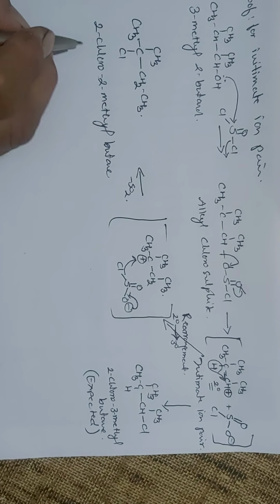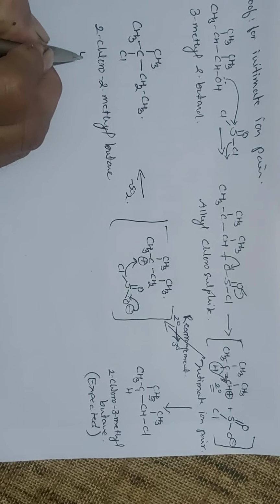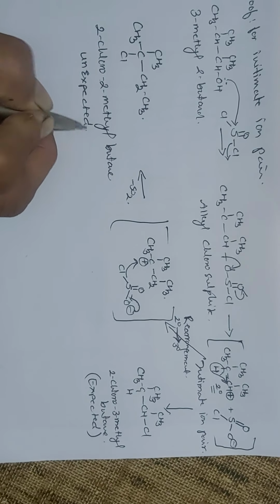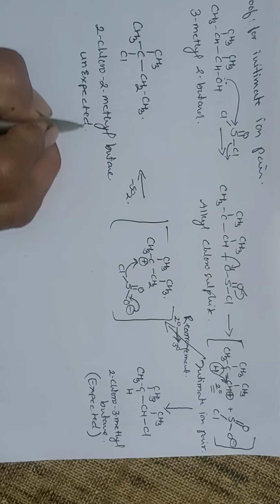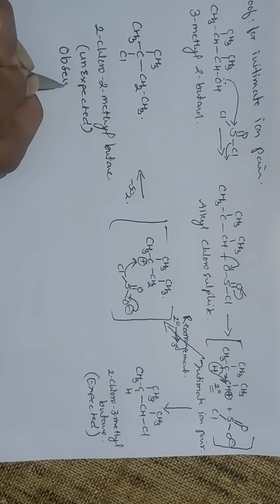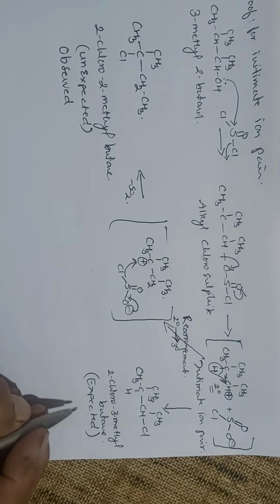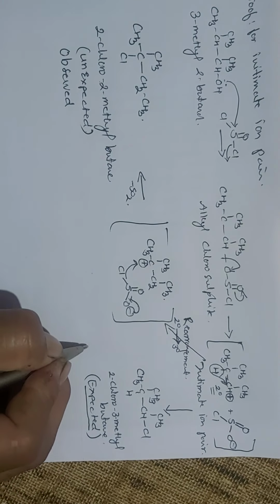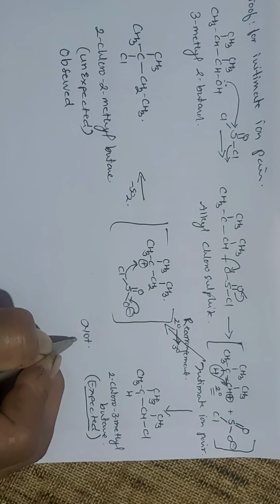This is the product which is unexpected, but it is observed and it is obtained, and whatever product was expected is not obtained.